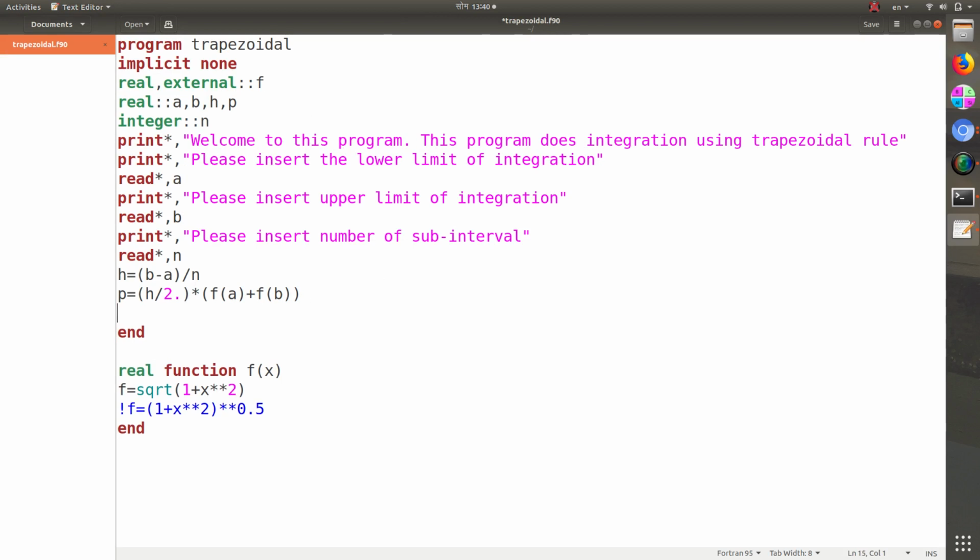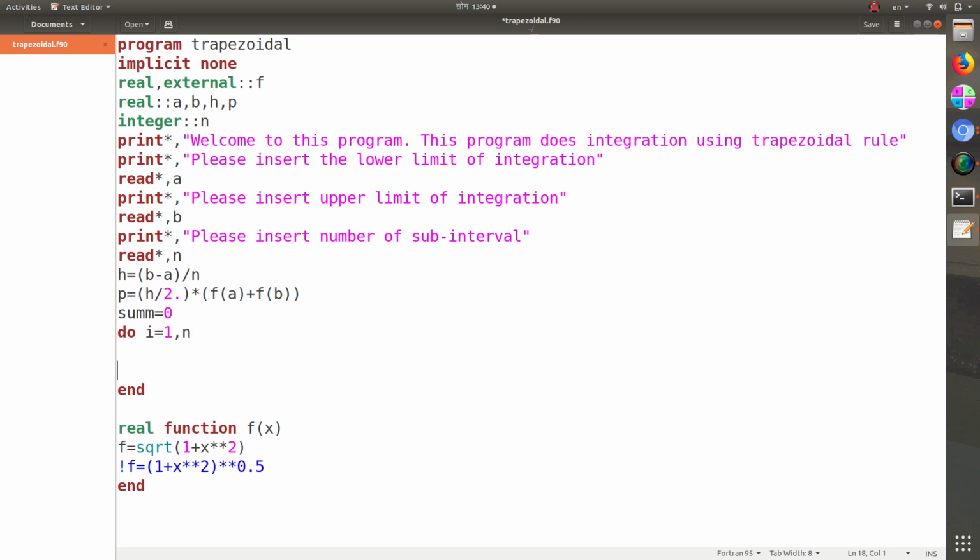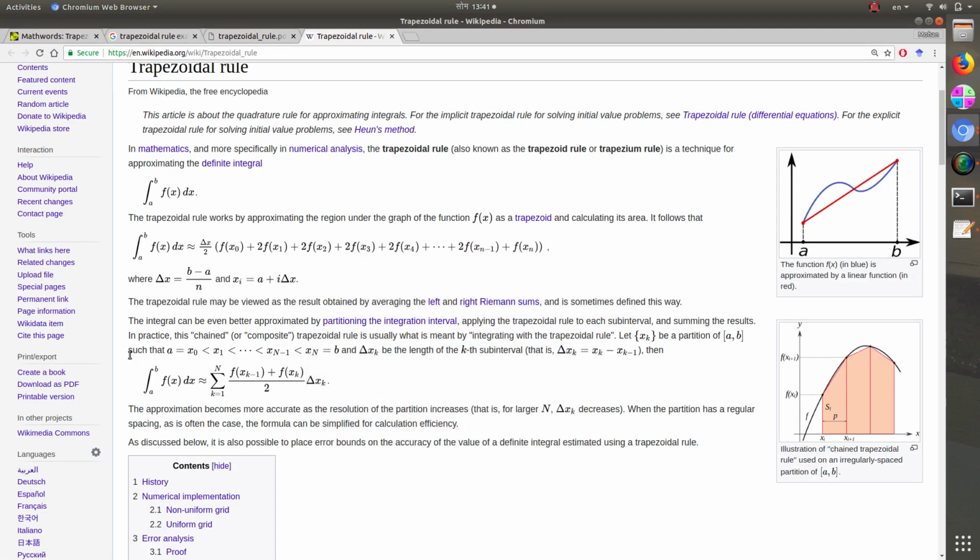Now to do the sum, we need to define sum equals 0 for our initial, and we will do i equals 1 to n. Alright, to do the sum we need to use a do loop. This is the format of the do loop. Okay, so this will have sum equals, simply what is the formula, h over 2, and this 2 will be cancelled, so h into the sum of all those things.